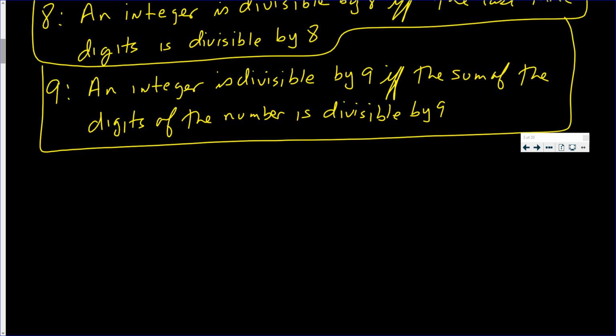Okay, so 2 plus 3 is 5, plus 4 is 9, plus 2 is 11, plus 7 is 18.